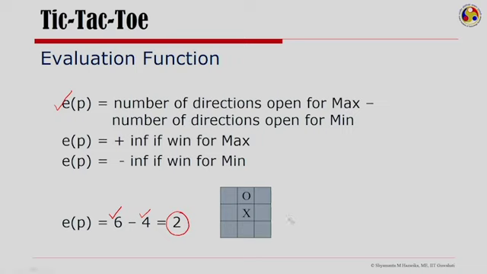Now, there are 2 interesting values that one needs to understand. I say the value of the evaluation function is positive infinity if it ensures that I have a win for Max, and if there is a win for Min, I say the evaluation function evaluates to negative infinity.